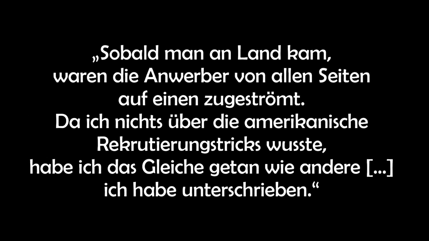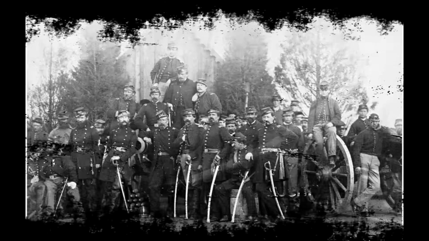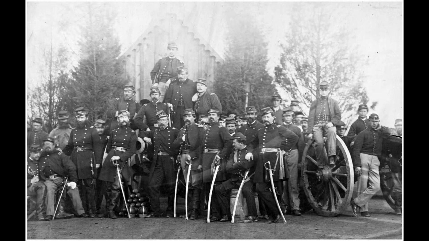"As soon as you came ashore, recruiters rushed at you from all sides. Since I didn't know anything about American recruitment tricks, I did the same as the others. I signed." Albrecht was then assigned to an American unit, but shortly afterward he deserted and instead joined the German 1st Battalion of the Light New York Artillery.